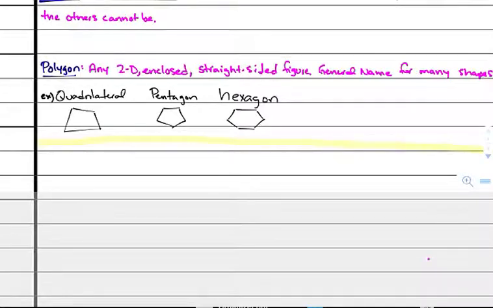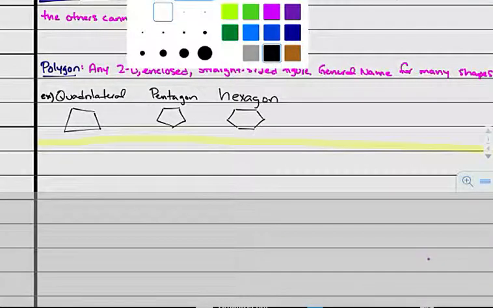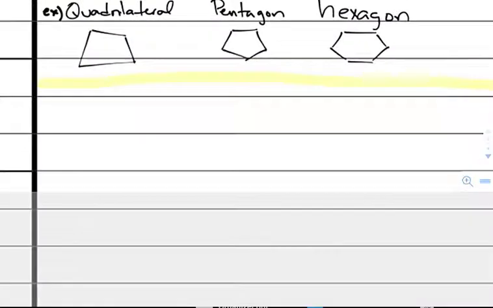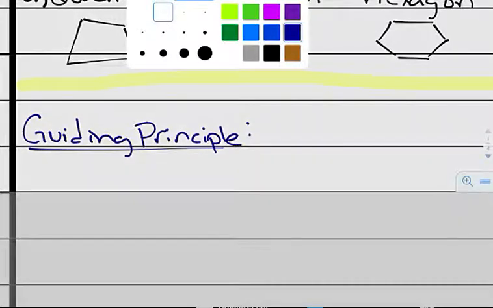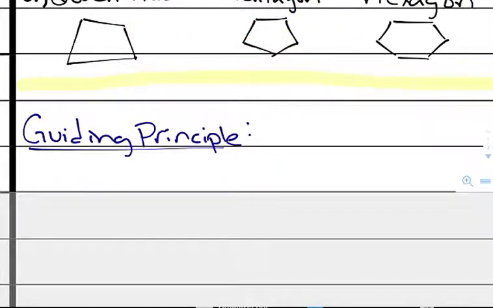Let's talk about a guiding principle as we continue this work, as we dive into this work. A guiding principle is something that is going to govern all our thinking and working here.